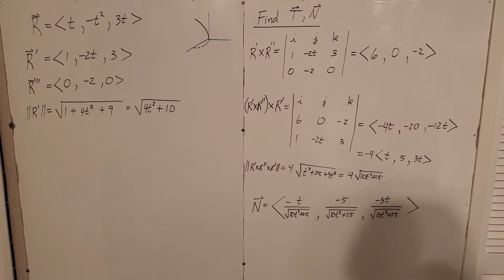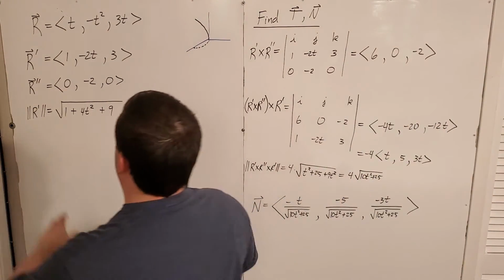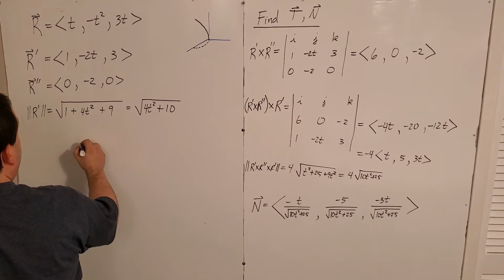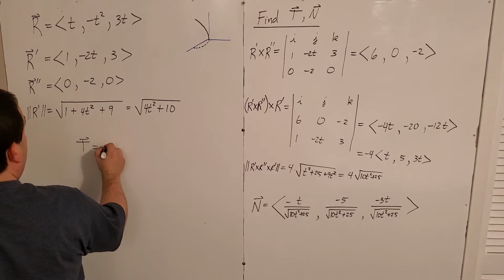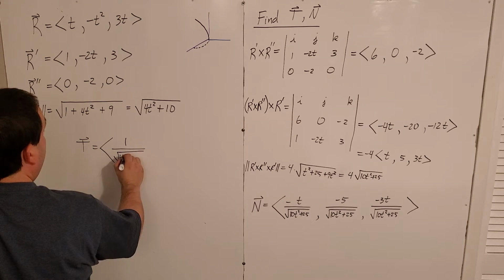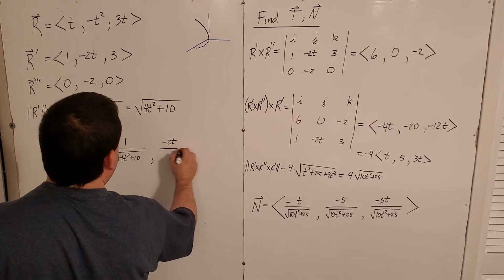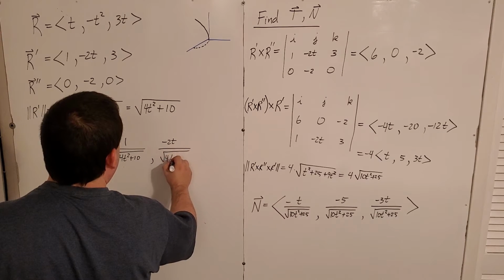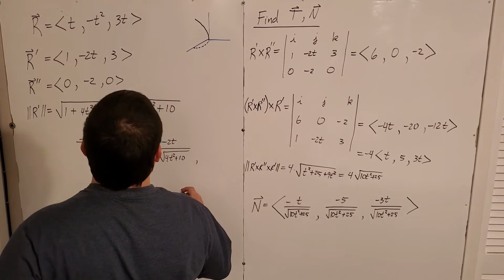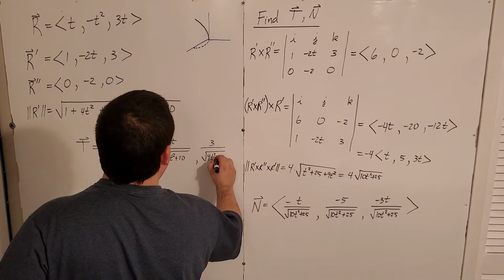Okay. Now, if you're wondering, where's my T vector, we're supposed to find that too. We already found that, right? The T vector is going to be from my original setup here. I already tested it out to see if I would want to do those derivatives, right? 1 over square root 4t squared plus 10, negative 2t over square root 4t squared plus 10, and 3 over square root 4t squared plus 10.